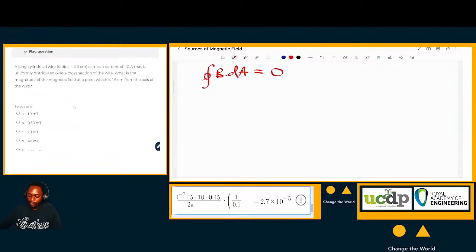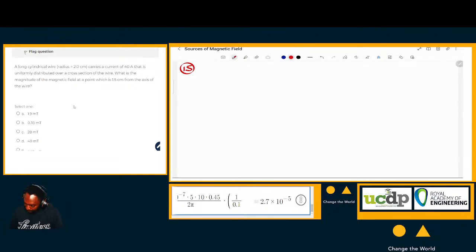Let's look at 2 more questions. Question 15 reads, a long cylindrical wire of radius 2 centimeters carries a current of 40 amps that is uniformly distributed over a cross section of the wire. What is the magnitude of the magnetic field at a point which is 1.5 centimeters from the axis of the wire?